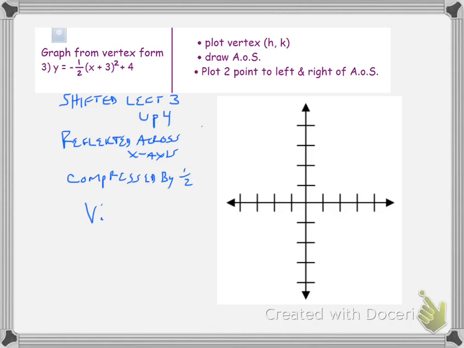So to graph it, I'm going to find my vertex first. The vertex comes from the h and k. The vertex of the parent function is at 0, 0. And this was shifted left 3 and up 4. Which means my vertex is going to be negative 3, positive 4.